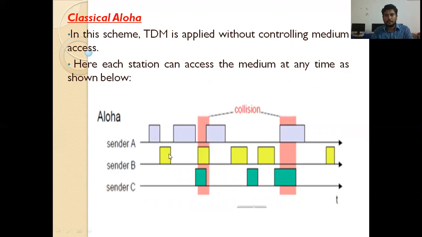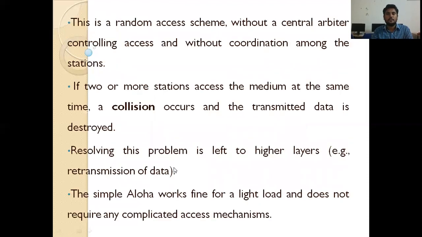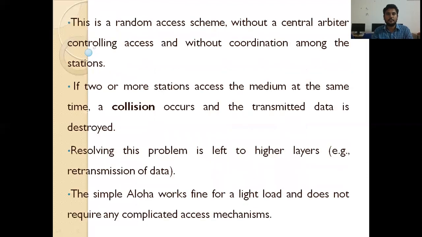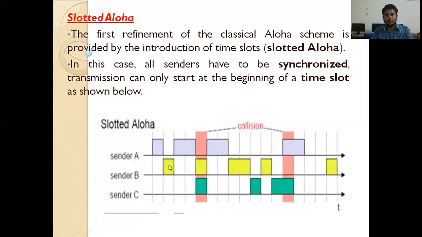Coming to B, if it starts here in pure Aloha, then in slotted Aloha this B4 has to start either at the start of this slot or the start of the next slot. Randomly the data is sent in the classical Aloha, and that is the disadvantage. But in the slotted Aloha, the data packet starts only at the beginning of a time slot.